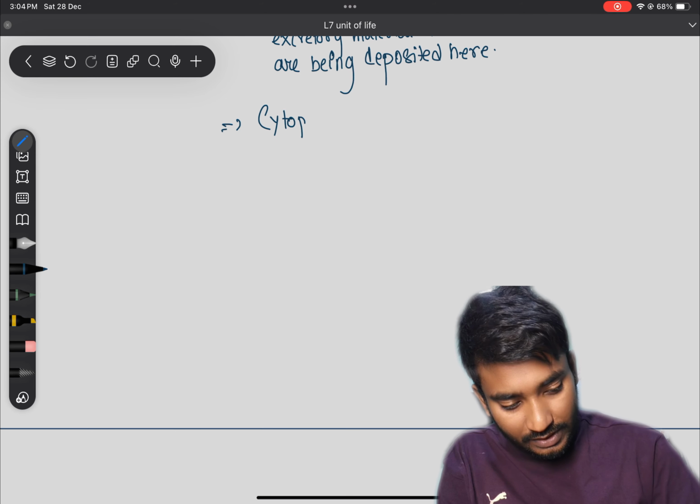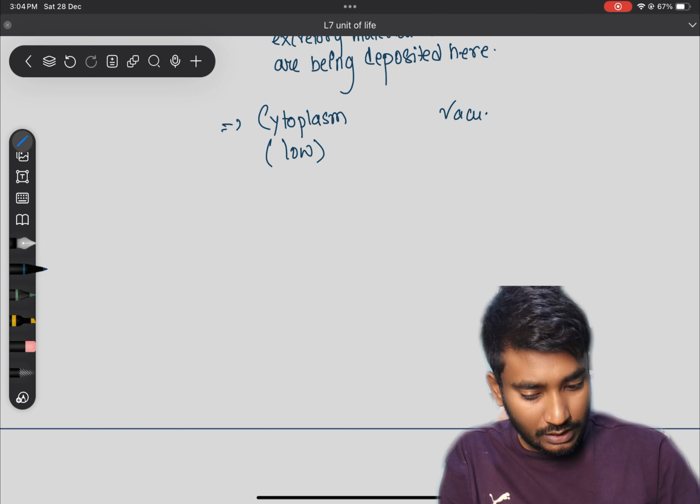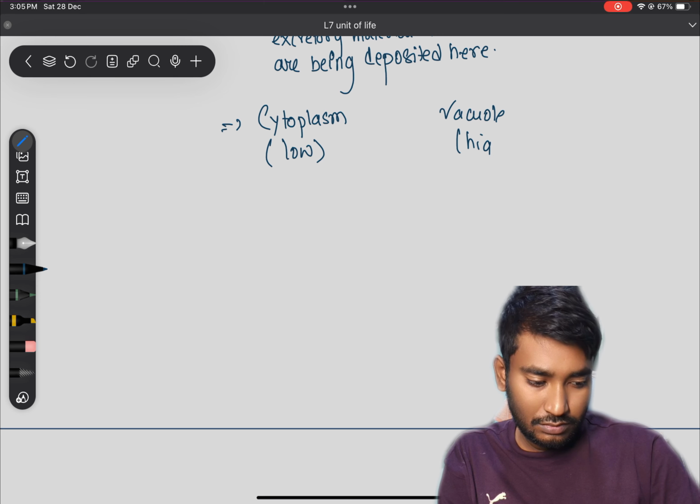The cytoplasm has a low concentration and the vacuole high.